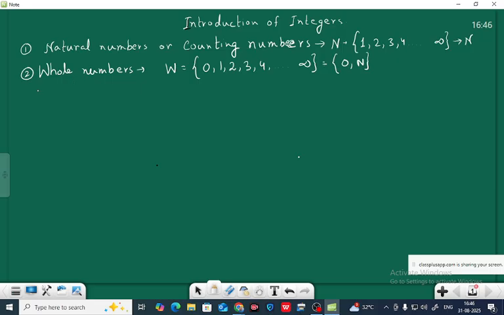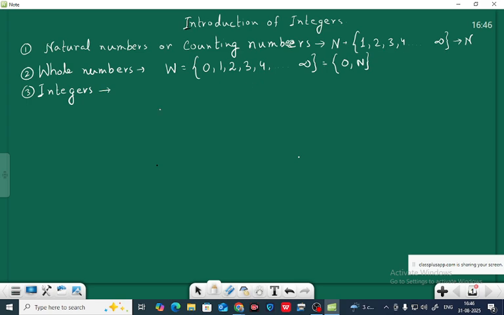And the third one is integers. What are integers? Integers are the collection of positive numbers and negative numbers, including 0.